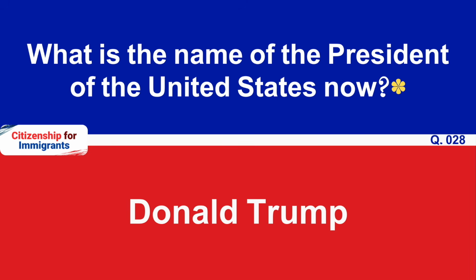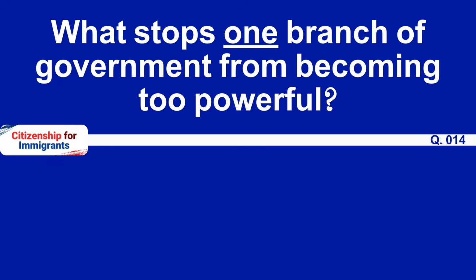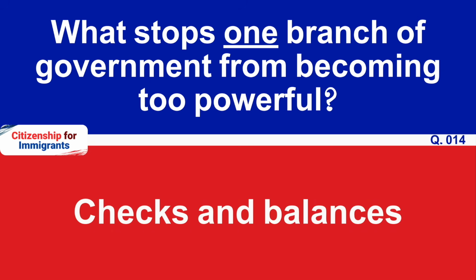Donald Trump. What stops one branch of government from becoming too powerful? Checks and balances.